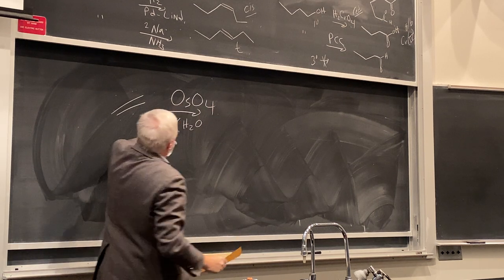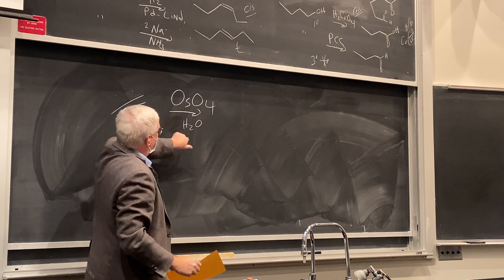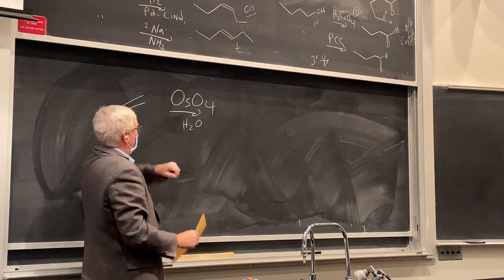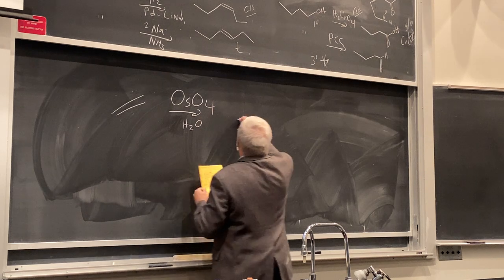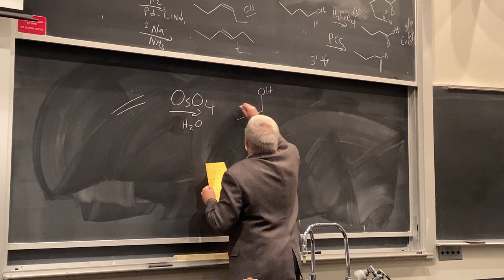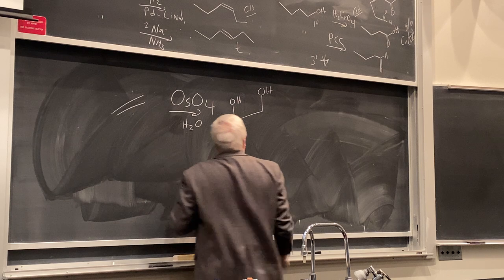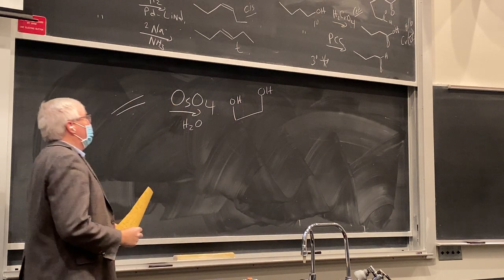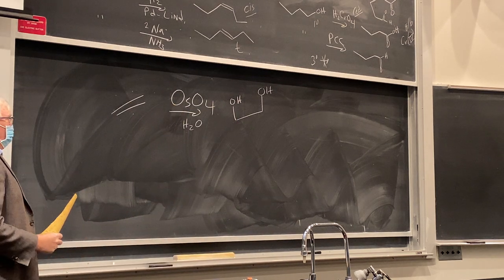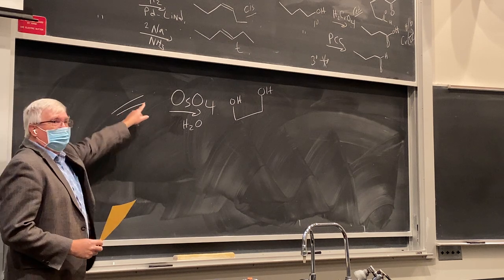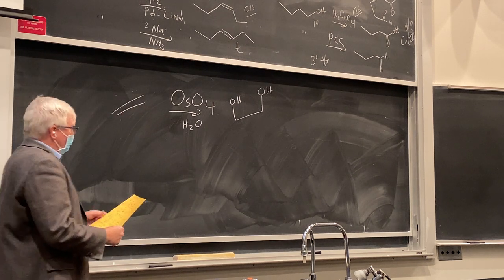The water can be in there from the beginning. We actually just have to have a proton source, okay? You'll see from the mechanism in a second here. What does it go to? It goes to the diol, okay? Both alcohols are incorporated for both carbons of the alkene there.